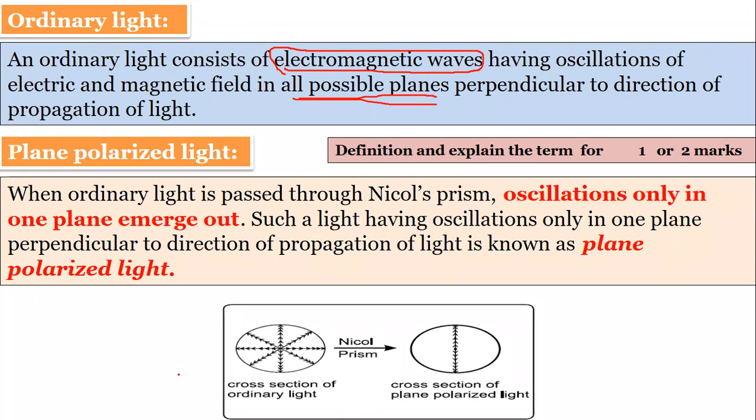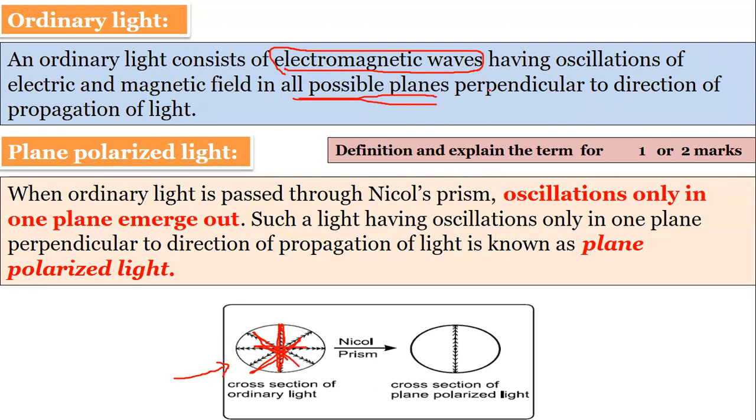So see, this diagram is shown here. This is a cross section of the ordinary light. It can oscillate like this, like this, like this, in all possible directions. So this is called ordinary light, and the definition is given here: oscillations of electric and magnetic field in all possible planes perpendicular to the direction of propagation of light.